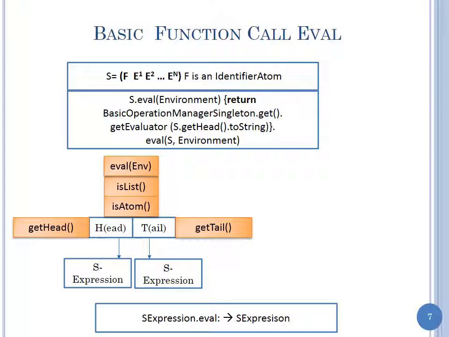Later we will assume that F is a lambda expression also, but for now we assume it's an identifier atom, and that identifier atom is one of the basic operations. And we go and get the evaluator and pass the buck to the evaluator. Okay? And we do the right get heads and get tails to do it. Okay? Questions?